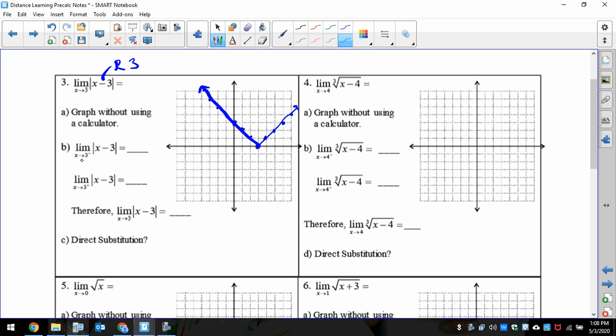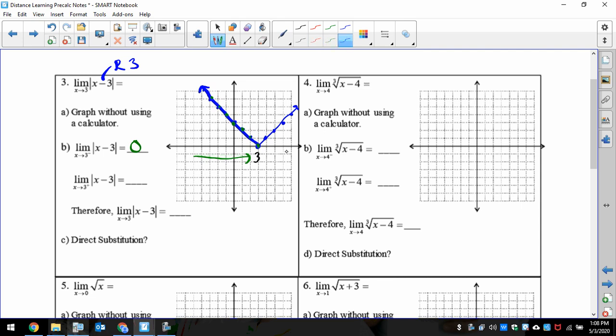And now they want the limit as x approaches 3 from the left. So here's 3. Coming from the left-hand side, we'll follow the graph. The graph is going down. The y value is getting closer and closer to what y value? Well, the y value there is 0. So notice the height is what we're concerned about.